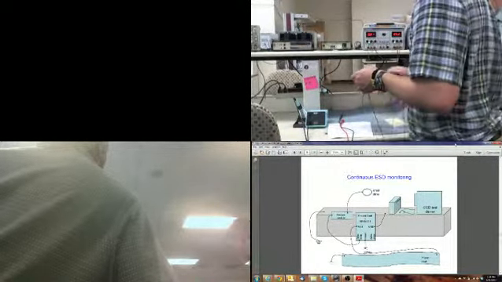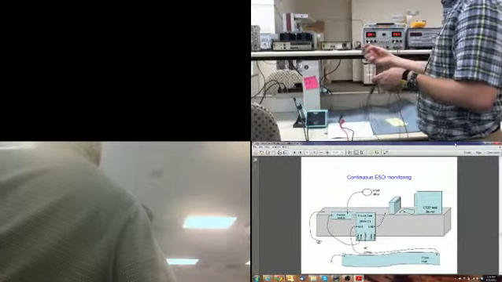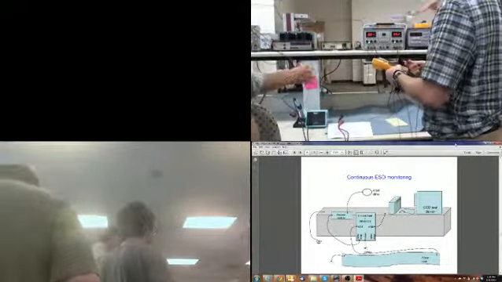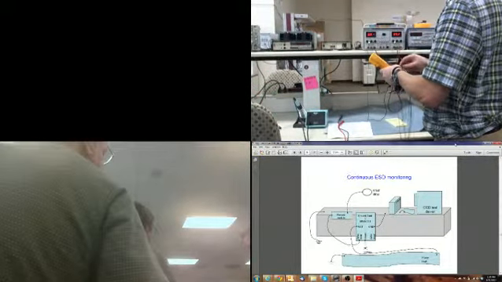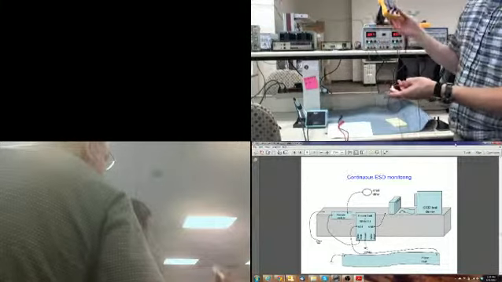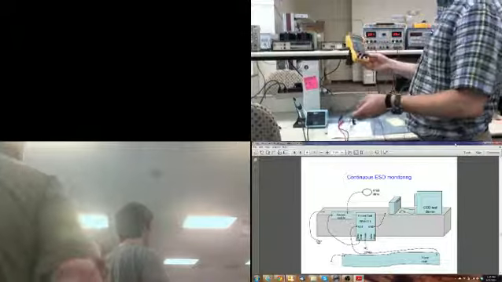Is it only a 10 amp fuse that's in there? Yeah, it says 10 amp. See, there you go. So please don't blow up my fuse. I beg you. I'm going to have to go replace that fuse.